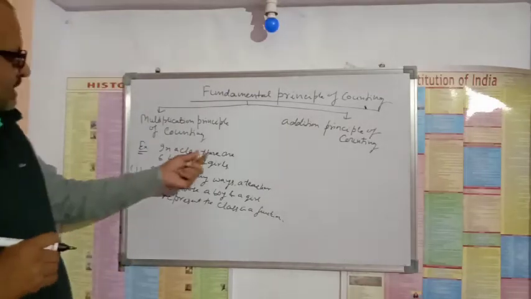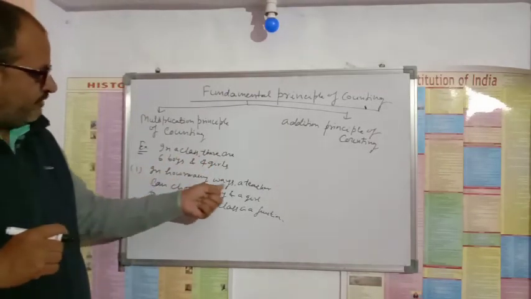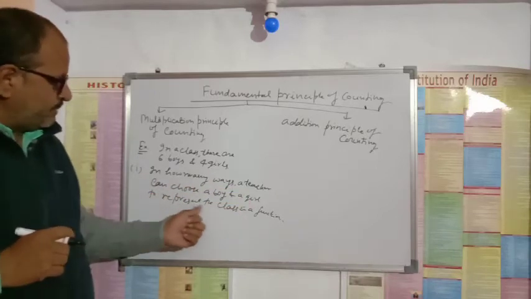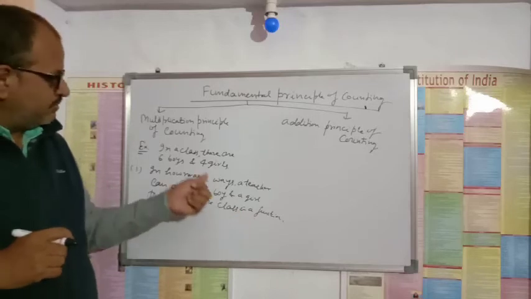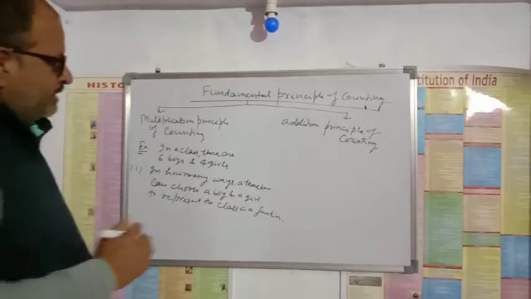Question is, in a class there are 6 boys and 4 girls. In how many ways a teacher can choose a boy and a girl to represent the class in a function? He has to choose both a boy and a girl.